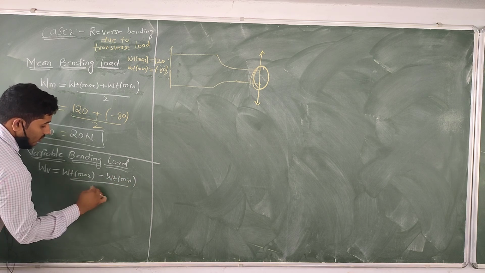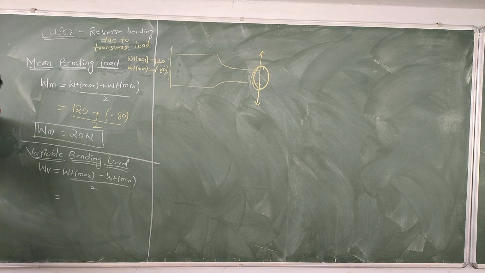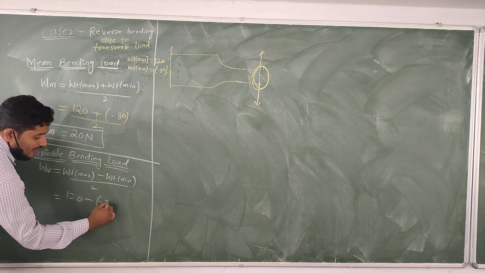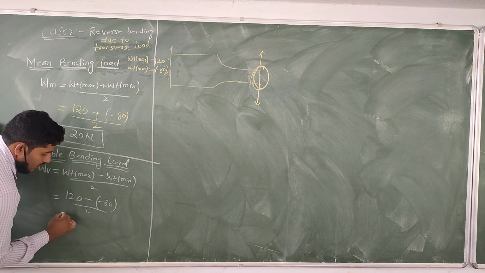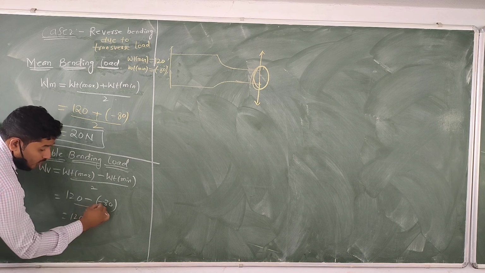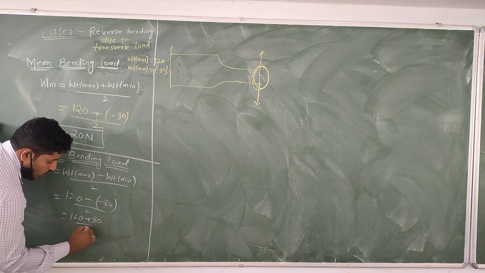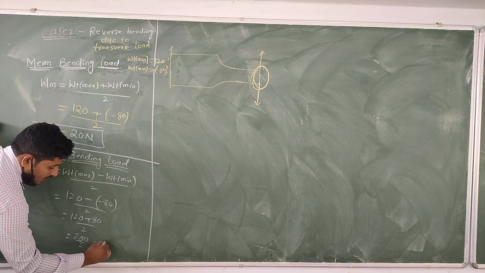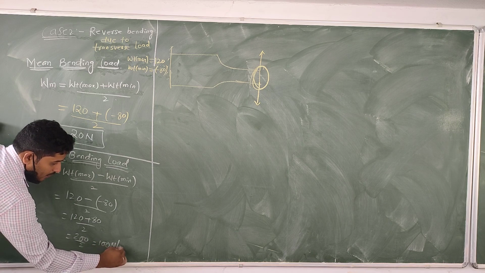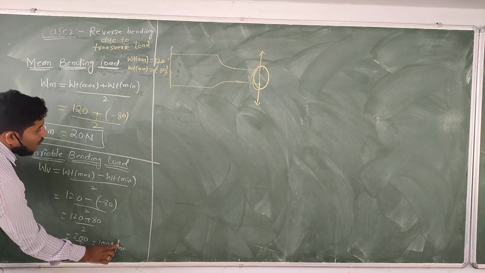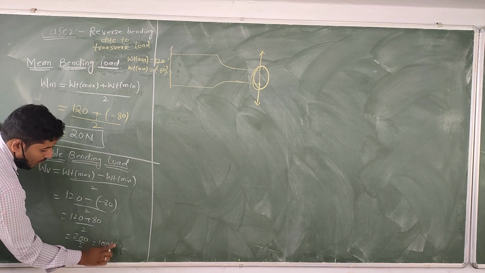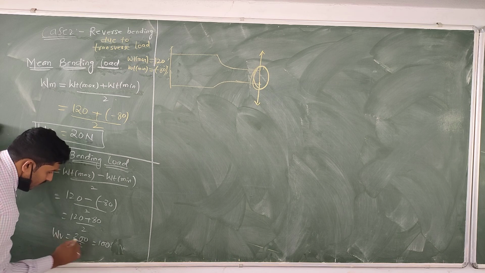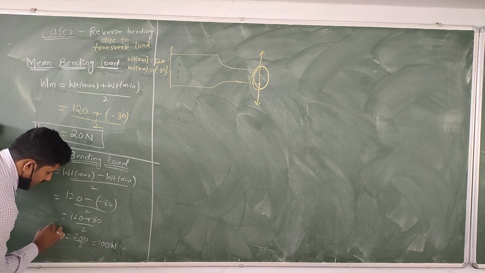Is it right? Wt maximum is 120 minus Wt minimum is minus 80 by 2. Is it right? 120 minus into minus plus 80 by 2. It should be 200 by 2, which is 100 Newton. Because we are finding the variable bending load, Wv is 100 Newton. Okay dear.